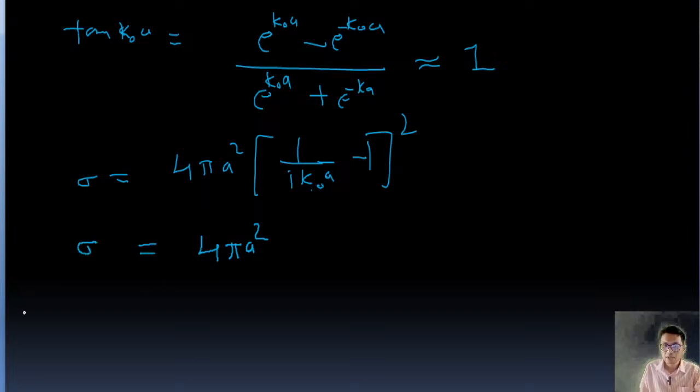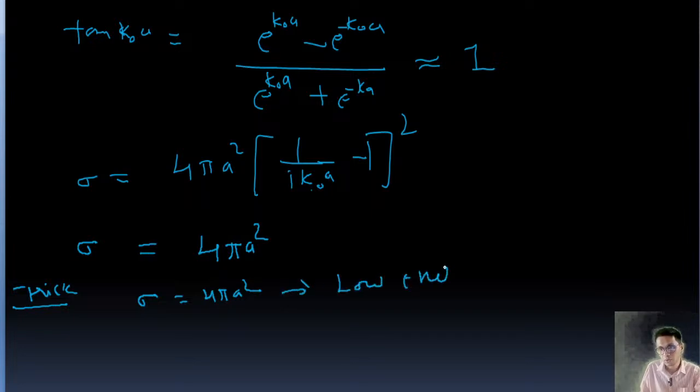And there is a trick also. I'll write this trick. The sigma value is 4 pi a squared for low energy. And the sigma value is 2 pi a squared for high energy. If energy is high, then this value is 2 pi a squared; if energy is low, it is 4 pi a squared.